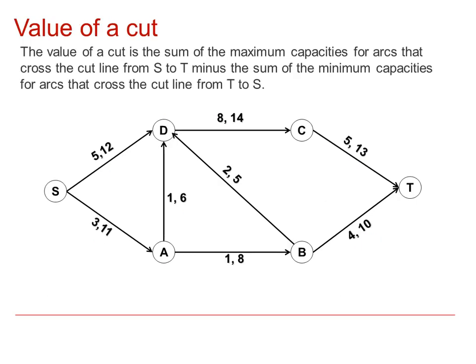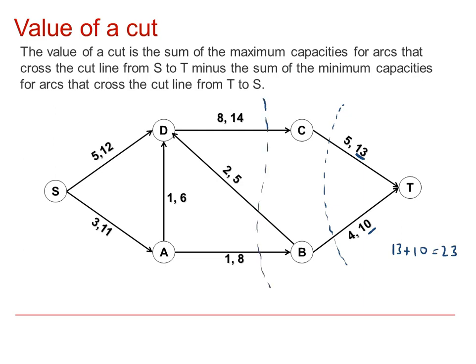Another difference with networks which have got minimum and maximum capacities is that the value of a cut is actually different. The cut in this position here is still going to be the capacities 13 plus 10, which is equal to 23. But let's consider a different cut in here.